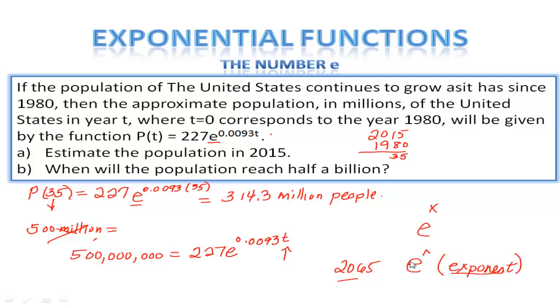So on your calculator you would hit this key, e to the x, and this appears in your display, and you input your exponent, and then you hit equal and you get an answer, and that answer you multiply by 227. It's basically the same as when you have a number here, except that now we have a specific irrational number.